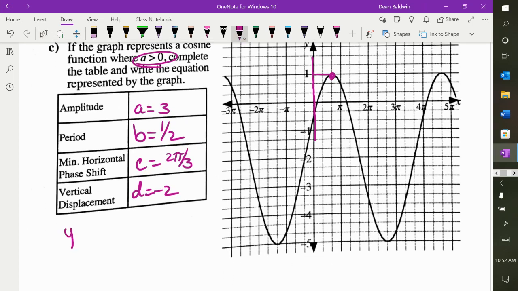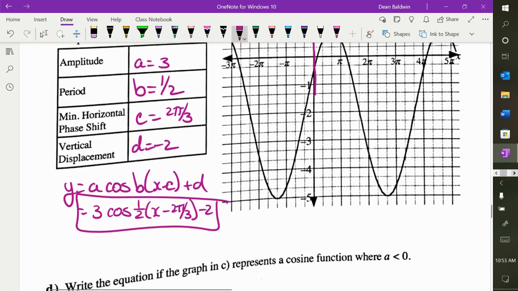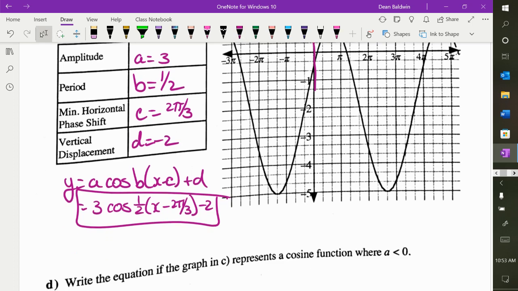So the equation will be a cos b x minus c plus d. Three cos 1/2 x minus 2 pi over 3 minus 2.